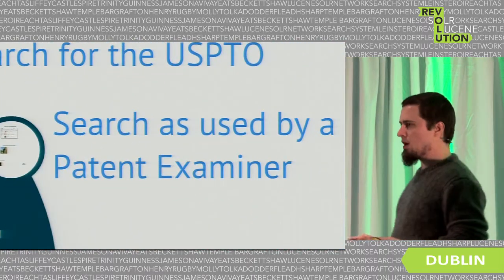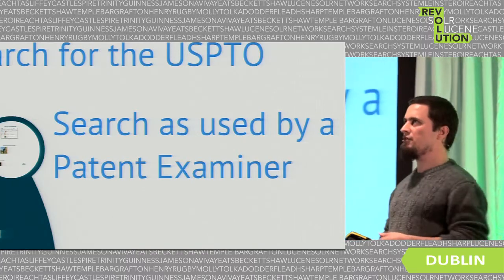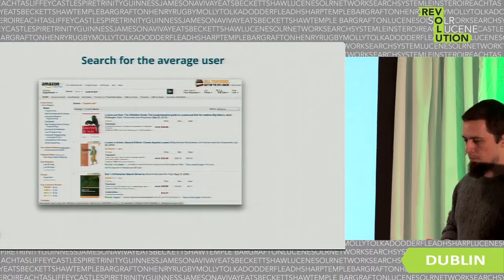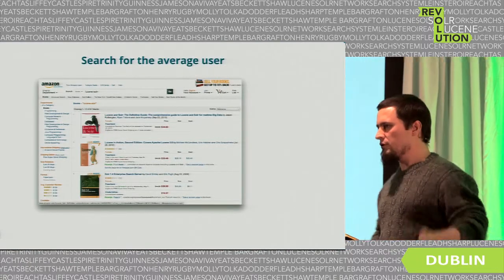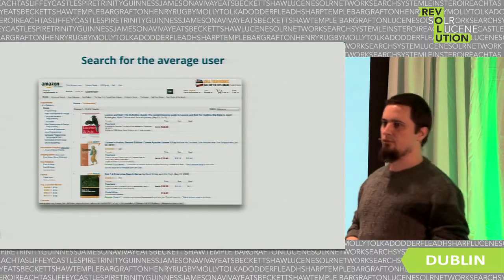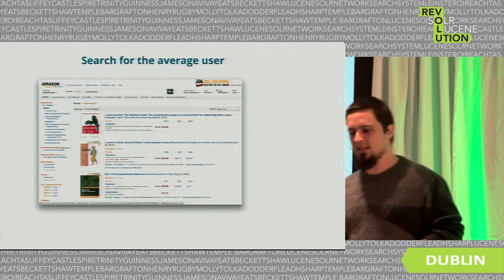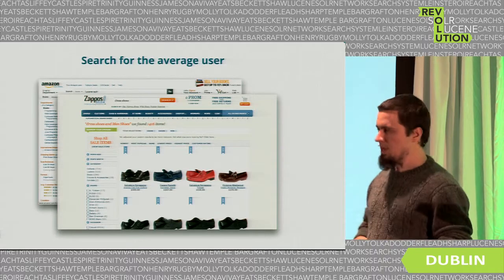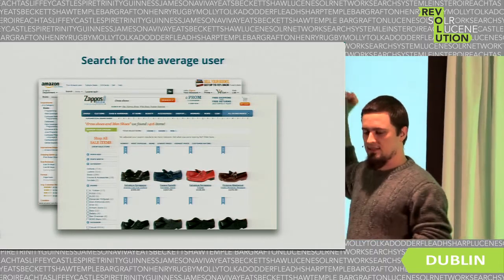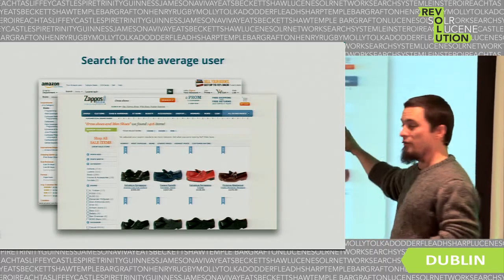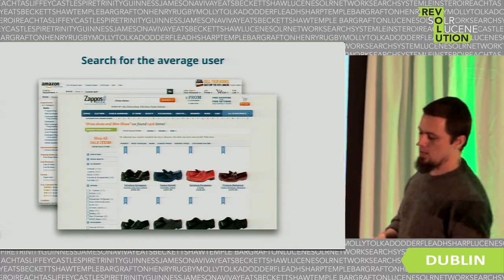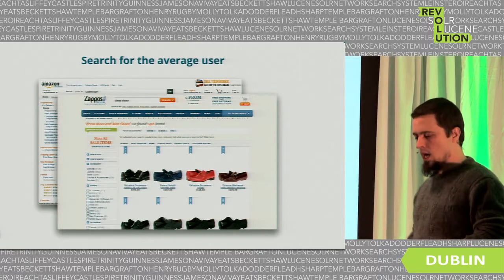So given an overview of the project, let's dive in and look at the specific search aspect of the project. Now, for the average user of search, and probably even for many of us if we deal with e-commerce, we're used to search pages that look like this. Basically, you have the text box at the top, you have the documents, you have facets on the side that have aggregate counts across every value in that facet.